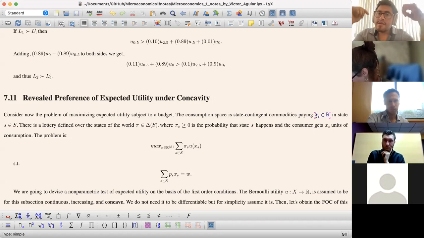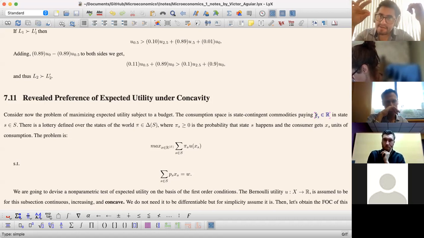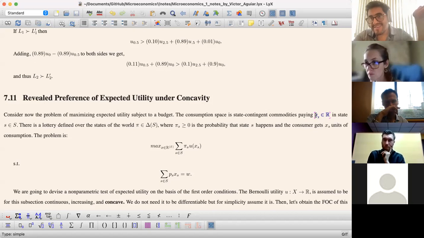Key observation here is that it's state contingent. That means you only get to consume X of S if the state of the world is realized. For instance, if the state of the world again is rainy, you're going to get umbrellas. But if it's sunny, you don't get umbrellas, okay?